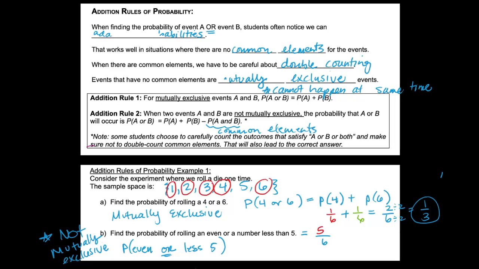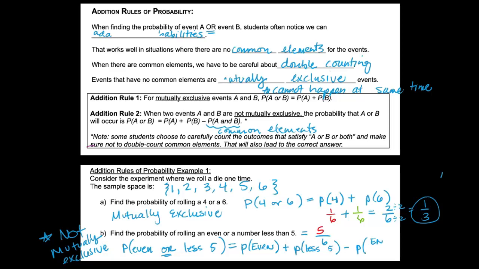The other thing we could do is we could use the formula. So with the formula, we're going to be careful to use addition rule 2 since we have events that are not mutually exclusive. And so we're going to add the probability of getting an even number, plus the probability of a number being less than 5, minus the probability of both.